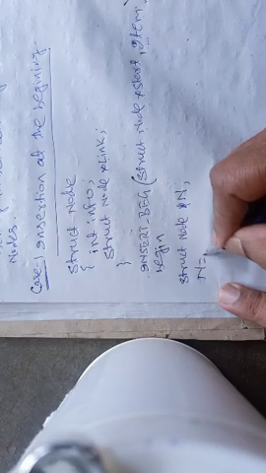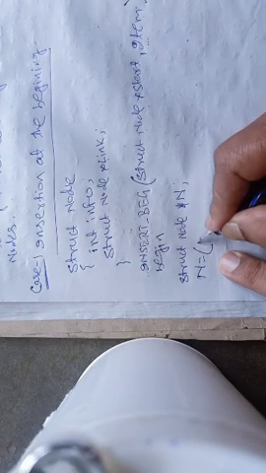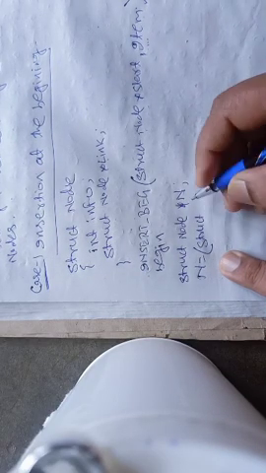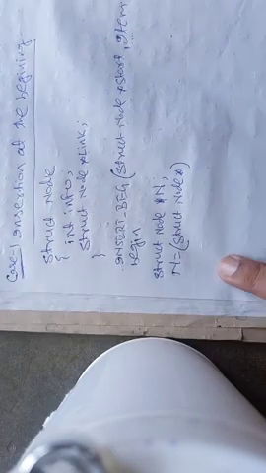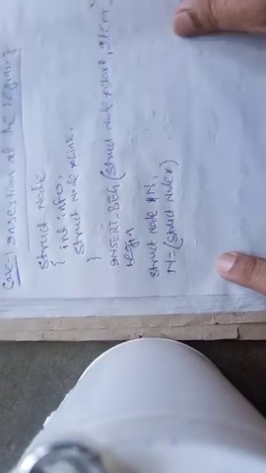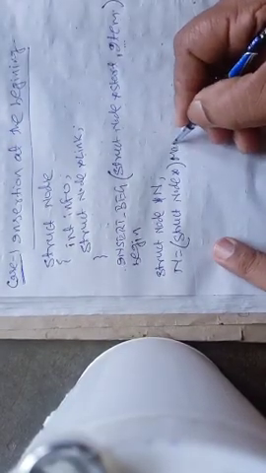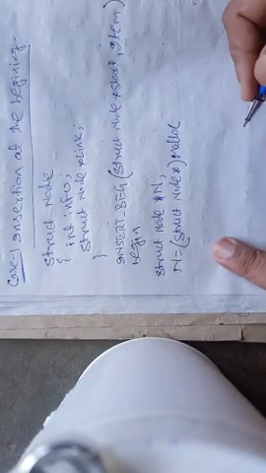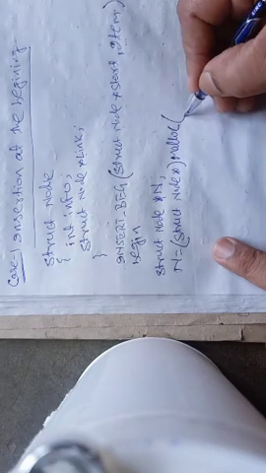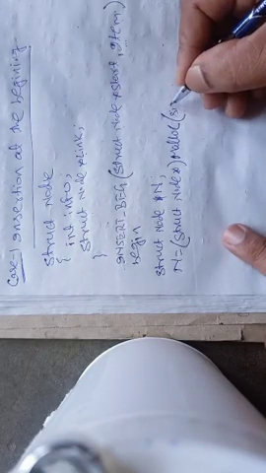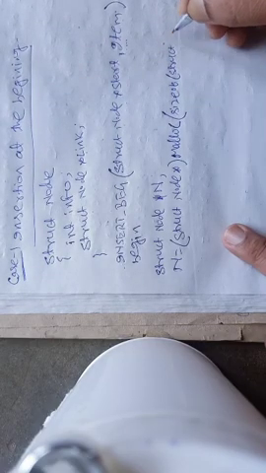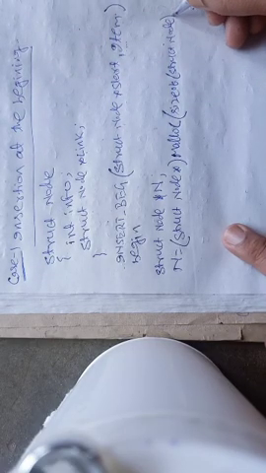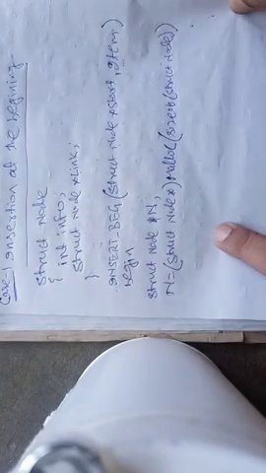So n equals struct node asterisk. This is the typecasting, and then I will write malloc, use the malloc function to dynamically allocate memory space, and then sizeof what? Struct node. Is that clear, guys?